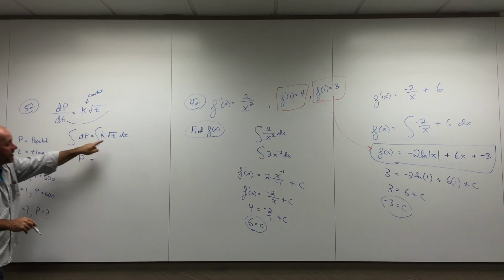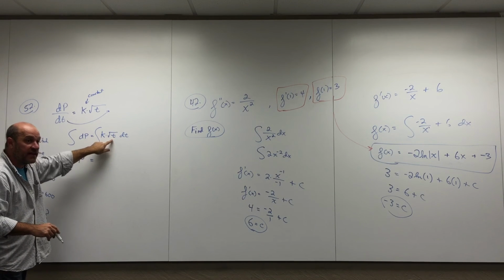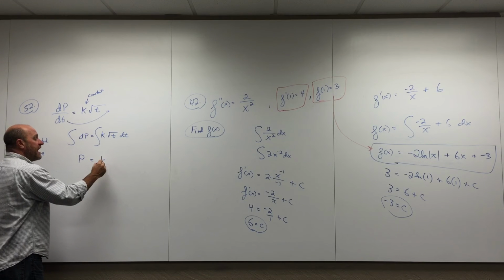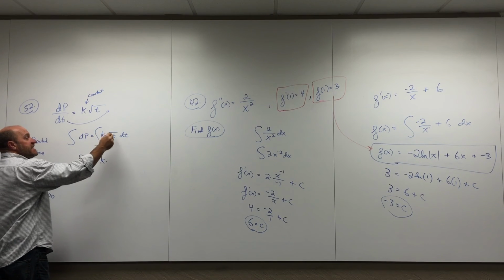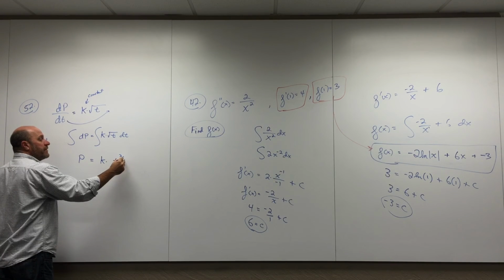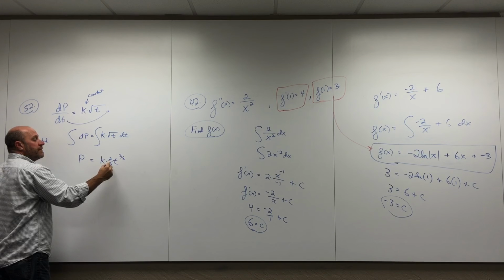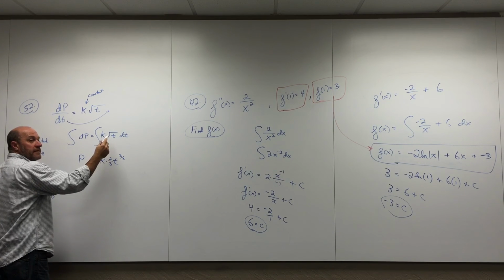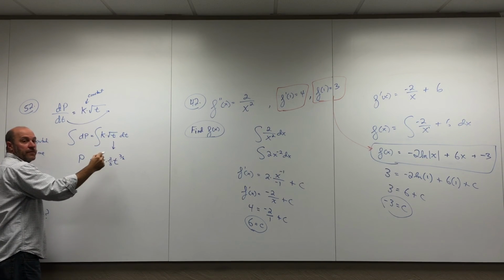On the other side, I'm integrating with respect to t. k is a constant, I'm going to hold the k there. It is a t to the 1/2, so I'm going to do t to the 3/2 times 2/3. I think that's how you do it, right?